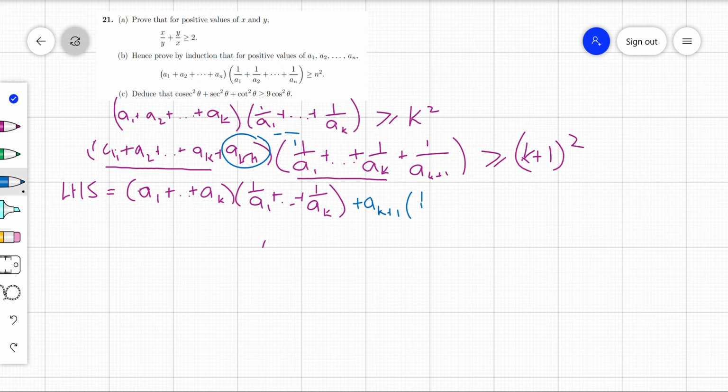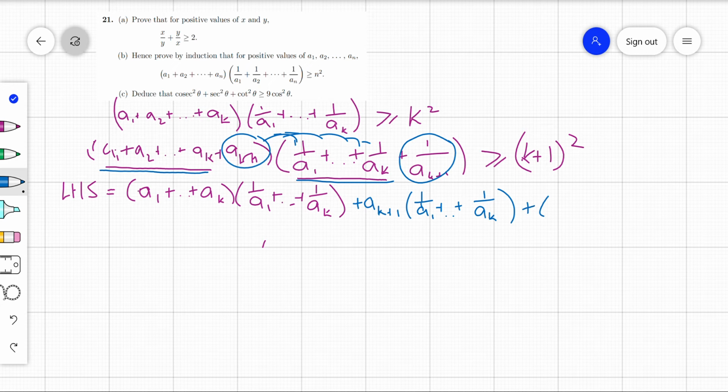So let's go 1 on a1 plus all the way, let's just go up to ak. We'll put the k plus 1 separate. So that's all of that, so all the way up to there. So we still have that one, and then we still have this one times everything in that bracket, or the k part of that bracket.